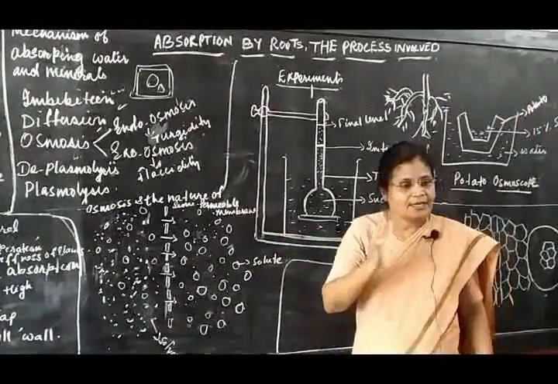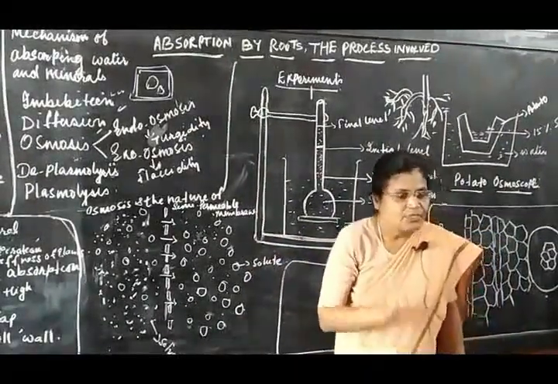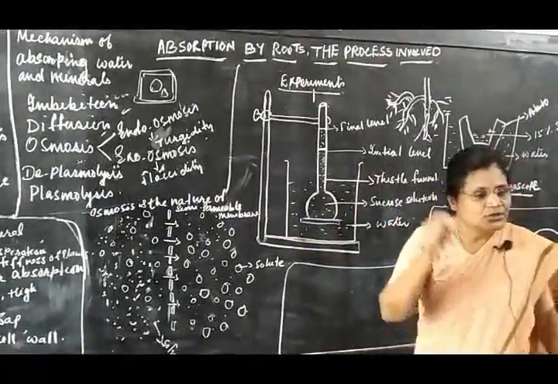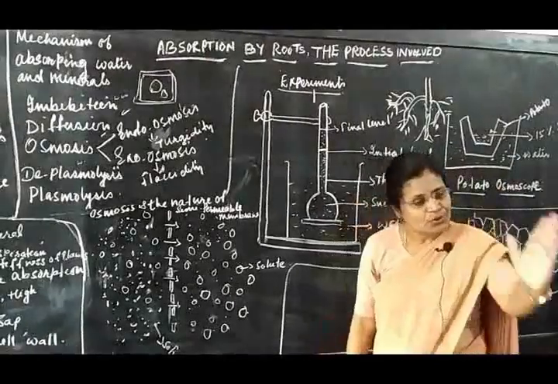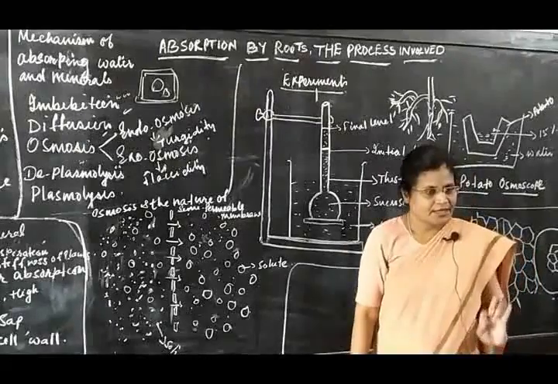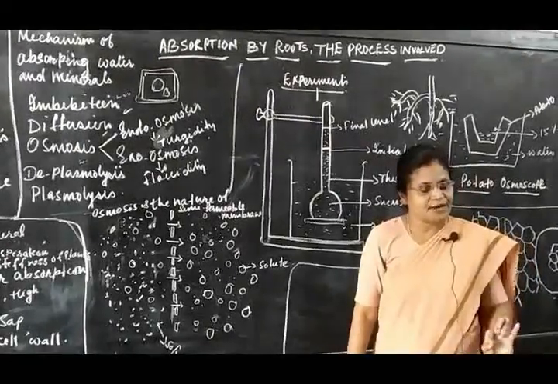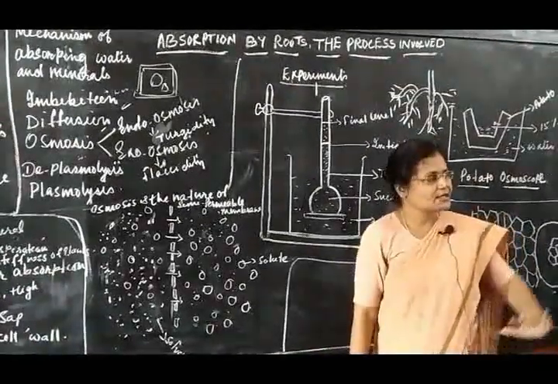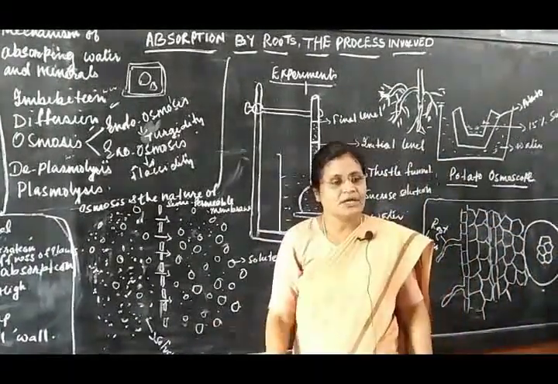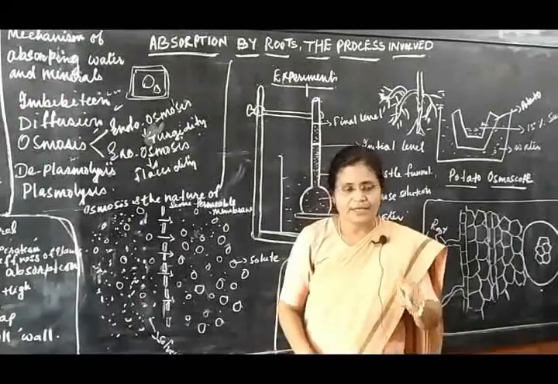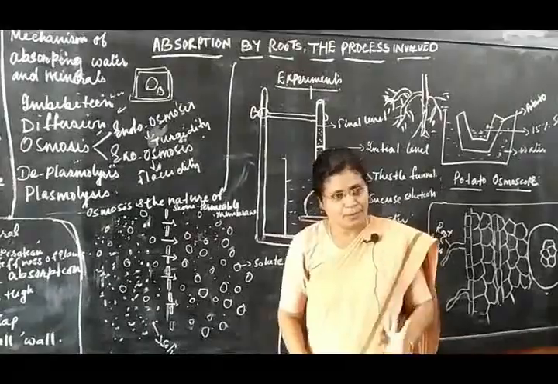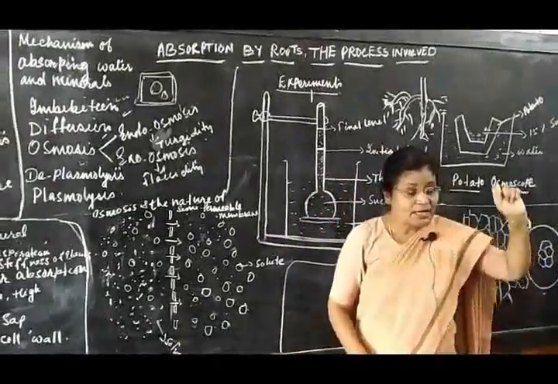I repeat, children, the osmosis definition is the movement of water molecules from the region of higher concentration to the region of lower concentration through a semi-permeable membrane. The word semi-permeable is very important, and in osmosis only water molecules move.